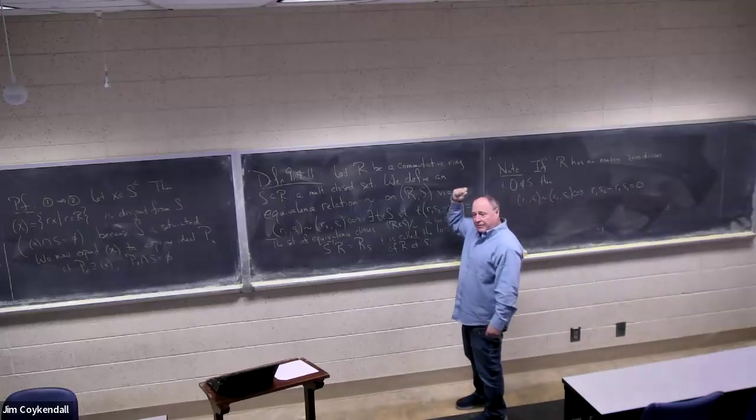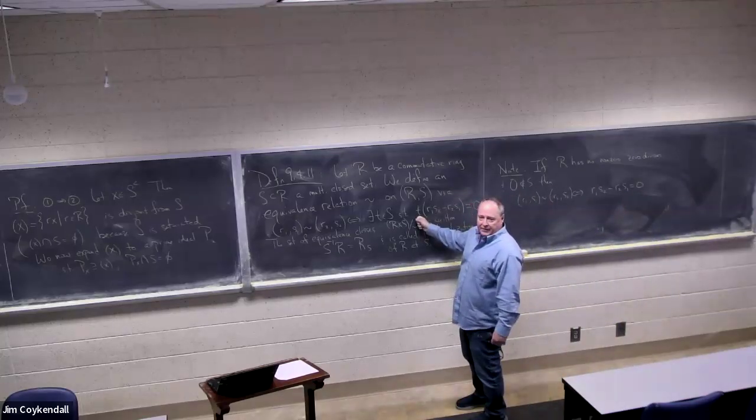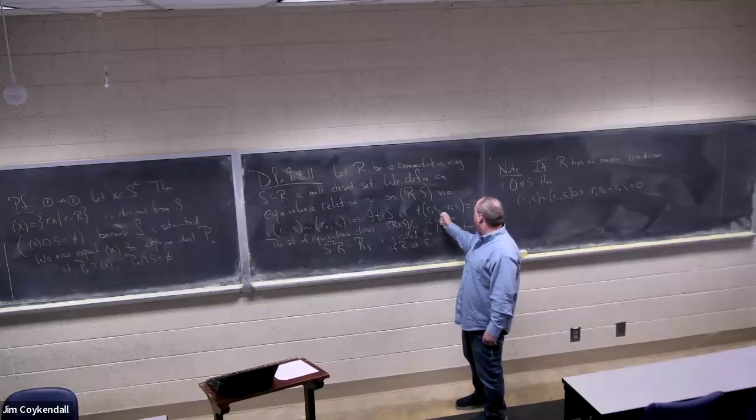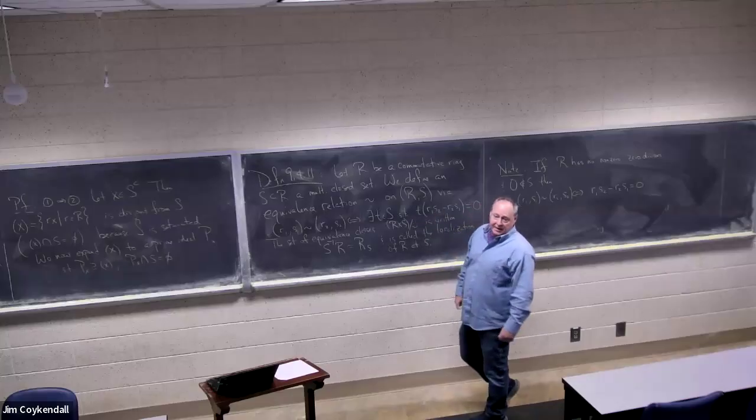If there are no nonzero zero divisors and zero is not in S, then this product being zero means one of these two has to be zero, and if it can't be T, it's got to be this.